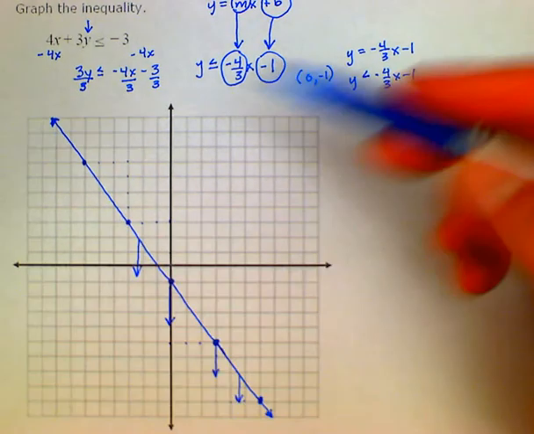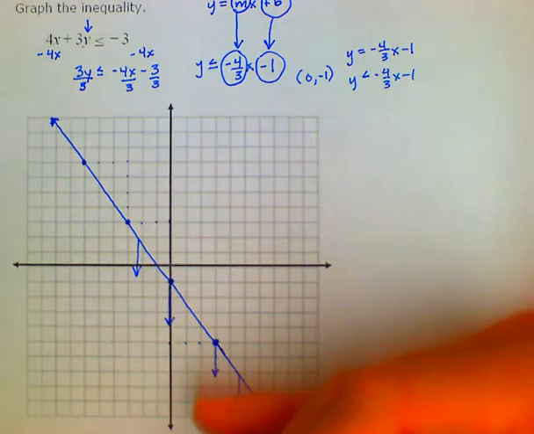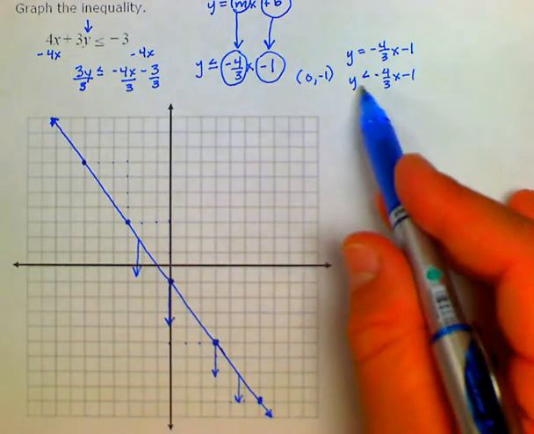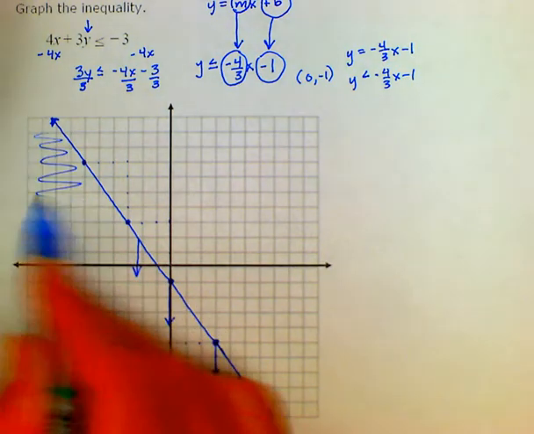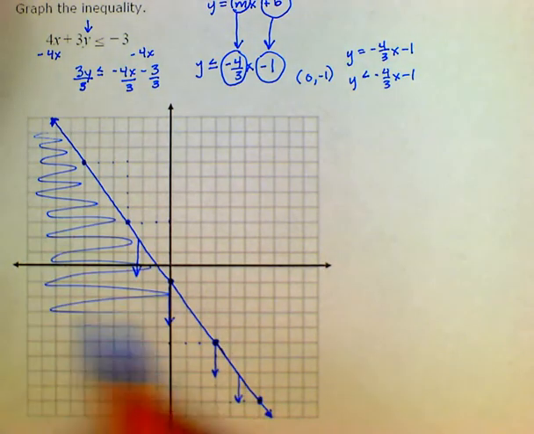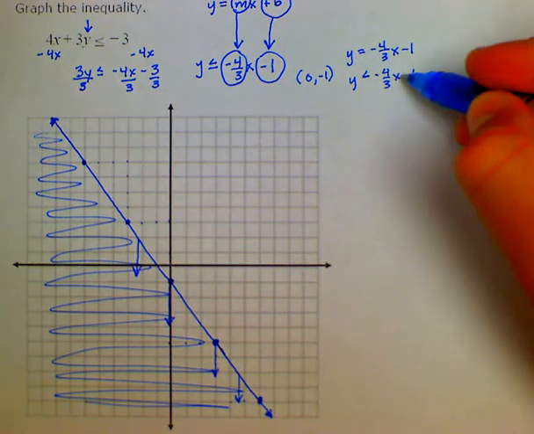So we would shade everything. And recall that y is our vertical. So if our y's are less than, it would be below the line. So everything below the line where the y's are less than negative 4/3 x minus 1.